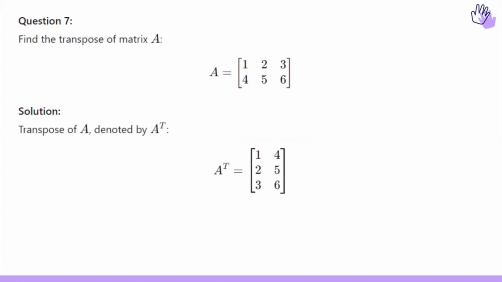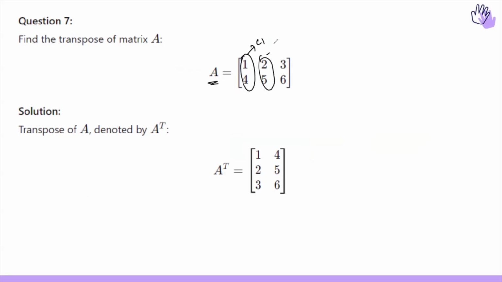Find the transpose of the matrix A. So how do you find the transpose of any matrix? If they ask you to find the transpose, just interchange the rows with columns. That is how you find the transpose of any matrix. If you have this particular matrix, 1 2 3 4 5 6, the A transpose will be as follows.